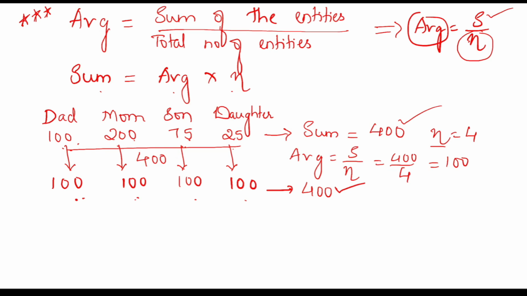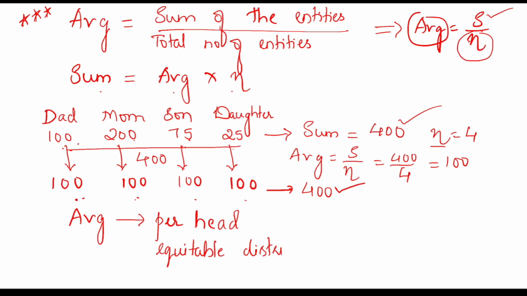This means that average is nothing but per head, or you can say equitable distribution. Average is nothing but per head equitable distribution.